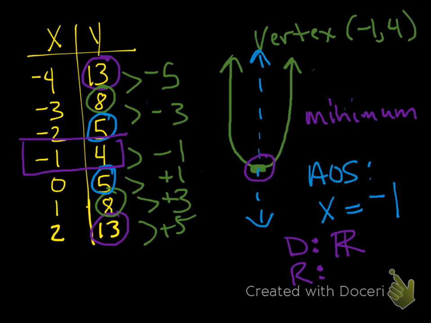If it's a minimum, that means y has to be greater than or equal to 4, because it can be this point and anything above it, since this coordinate right here has a y coordinate of 4.